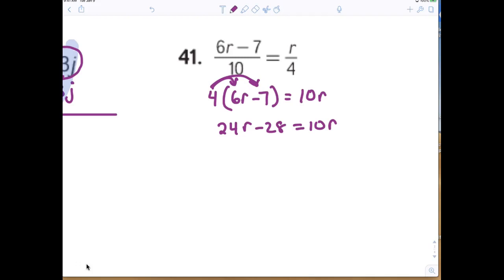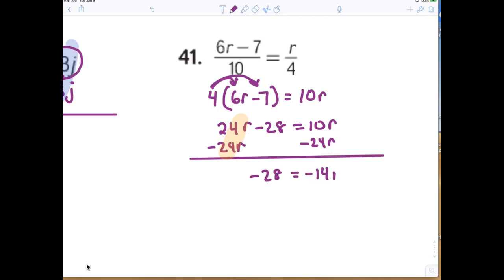So put minus 24r, minus 24r. Now, what happens here? They cancel. So I'm left with what? Now, from there, I just expect you to say, well, r then has to be what? R has to be 2.